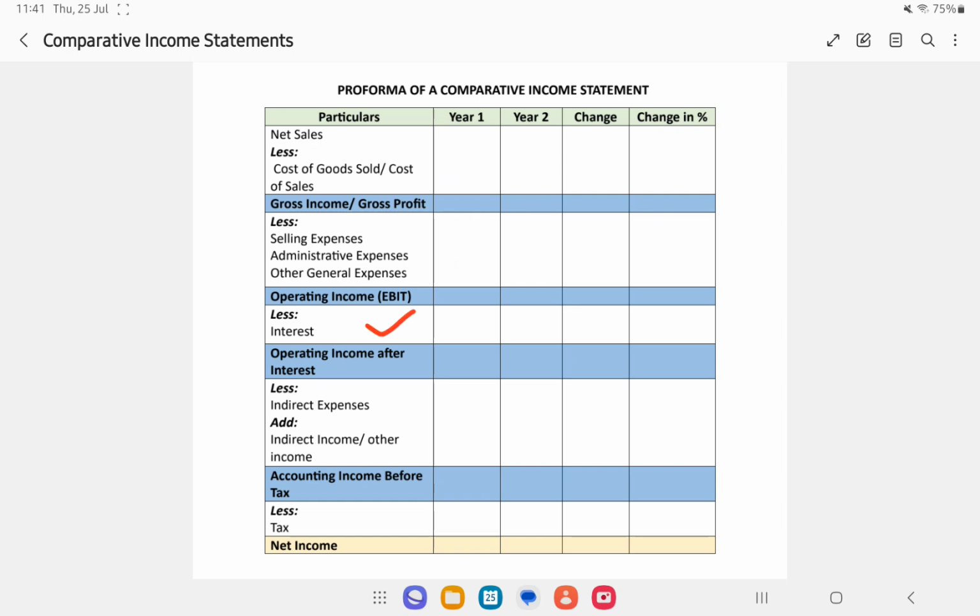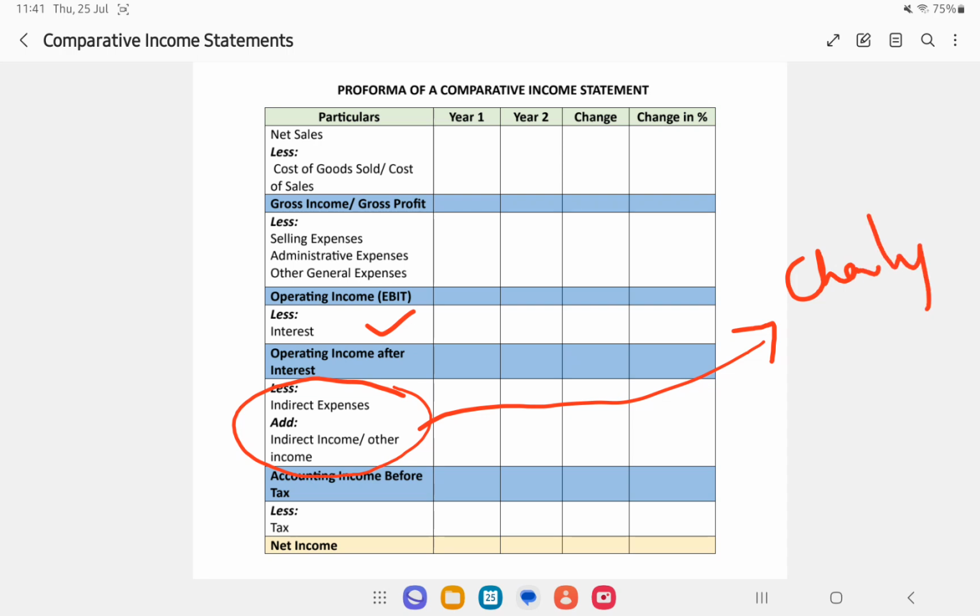Before that, see here, some sort of indirect expense and indirect income would be there, very rarely. What is indirect expense and indirect income? We have paid something to a charity company, or we have spent something additional, not just for the main purpose of the business.